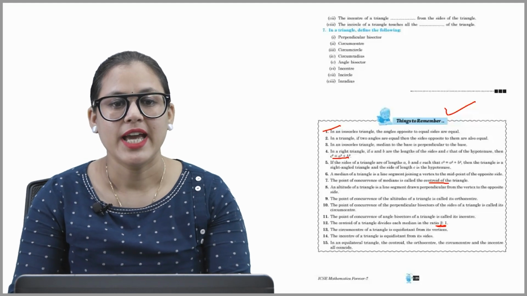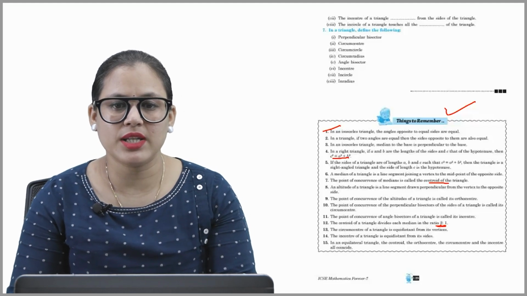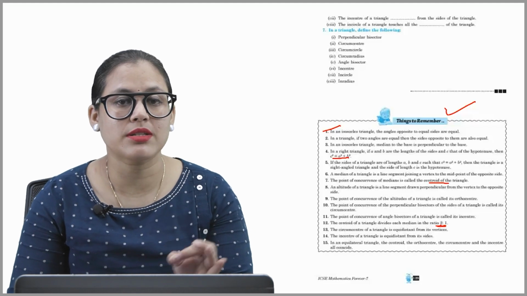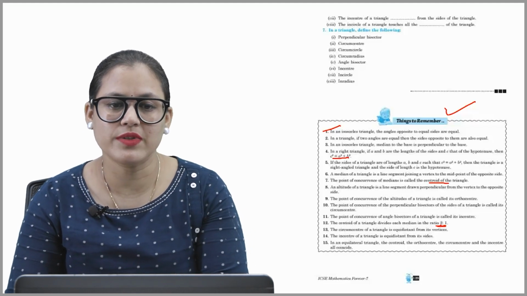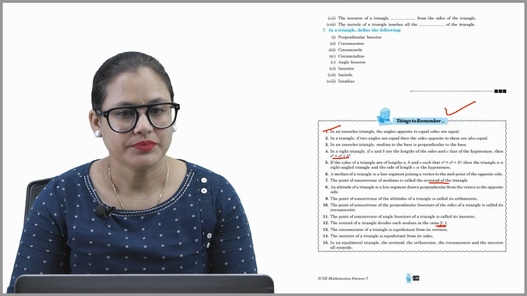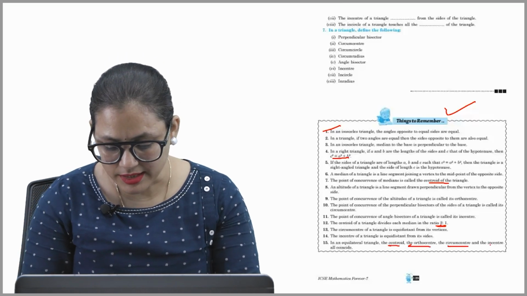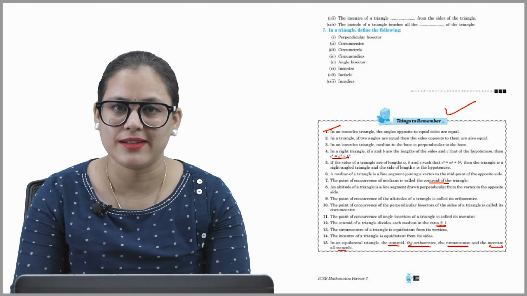Remember that. 13, the circumcenter of a triangle is equidistant from its vertices. 14, the incenter of a triangle is equidistant from its sides. And 15, in an equilateral triangle, the centroid, the orthocenter, the circumcenter and the incenter all coincide.